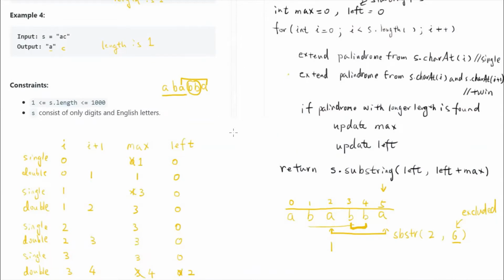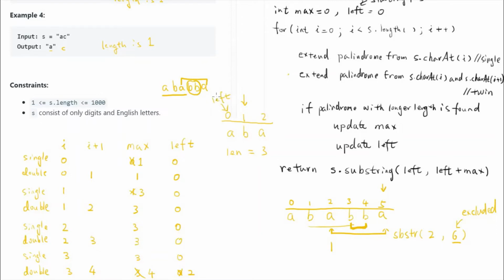For example, we have a string A, B, A. So the indices are 0, 1, 2. So our center is here. So len is equal to 3. And this is the left index.